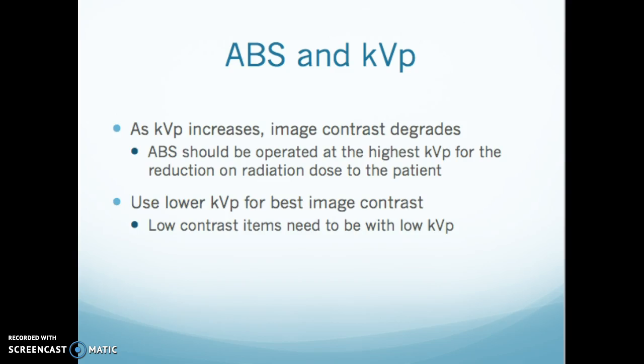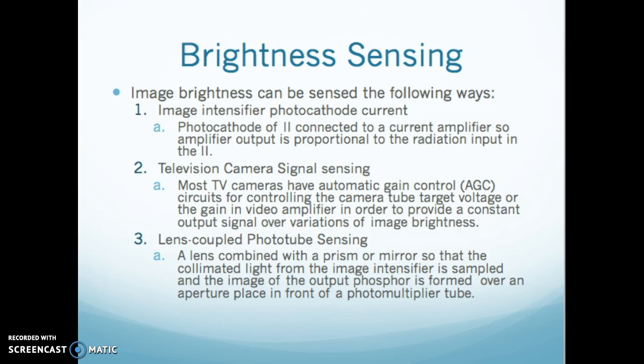As you go down in your kVp, you get better image contrast but higher dose to the patient. So if you're imaging something with low contrast like the abdomen, typically you want to go with a lower kVp, but once you get barium in there you have a high contrast, so you will want to increase your kVp.